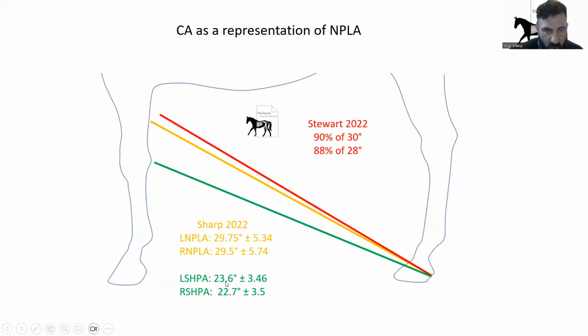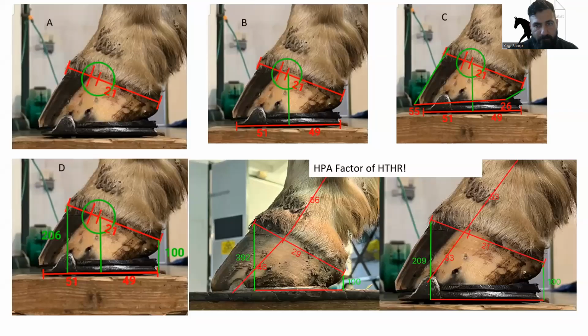And the horses that had a straight hoof pastern axis had an average of around 23, 24 degree coronet angle. So straight away, we can see that if we're heading towards 27, 28, 29, and certainly above, then it's highly recommended that we get X-rays to see what angle our pedal bone sat at.